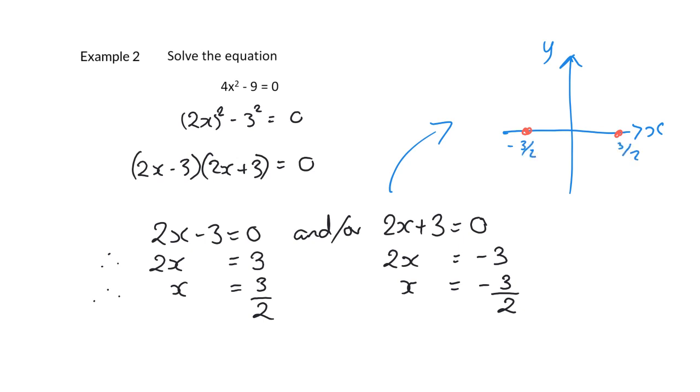I do want to highlight at this stage that we've got a positive value in front of the x squared, which tells us it's going to be a smiley face. Now, that means we can have a symmetrical parabola, but we don't yet know some of the other key points on the graph, but we'll get to that as we progress. But for the time being, our solutions are x equals 3 over 2 and x equals negative 3 over 2.